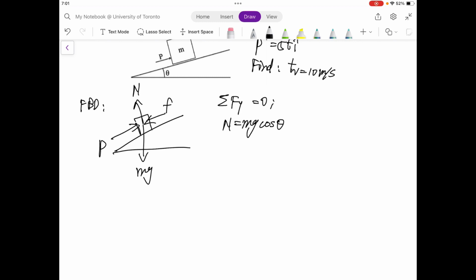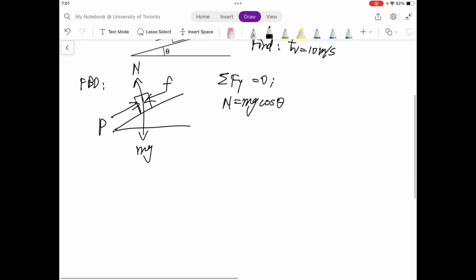There are two periods in this question. In the first period, P cannot overcome the friction as well as the gravity, so the block doesn't move. So we use the static friction factor. After that, the block will move, and we'll use our dynamic friction factor.